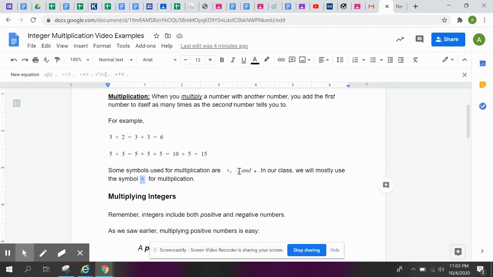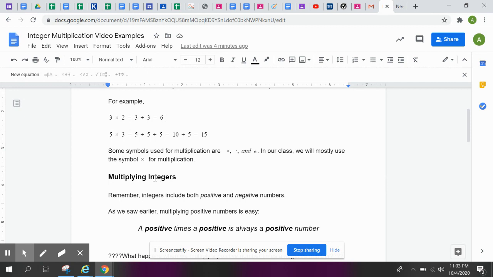If you ever happen to see a dot or a star being used, just know that that is also for multiplication. So in our class, we are going to be using integers. When we talk about multiplication, we're talking about how to multiply integers.